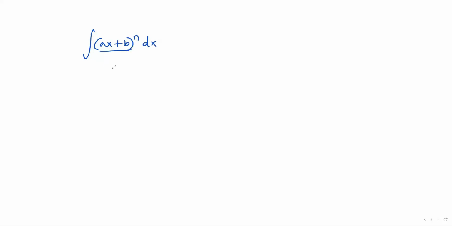Here we have a linear function, that is ax+b, and the exponent is n. To integrate this linear function, what we need to do is take (ax+b) to the power n+1. That is, I have to add 1 to the existing exponent n, so it becomes n+1. I have to divide by the same exponent, that is n+1.